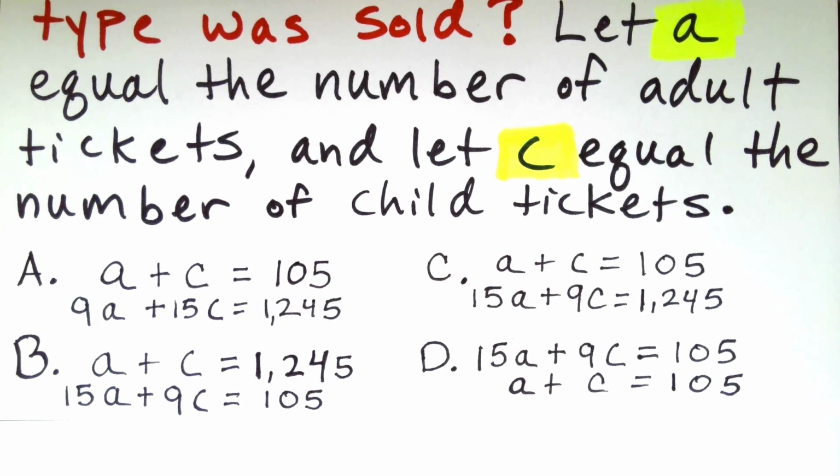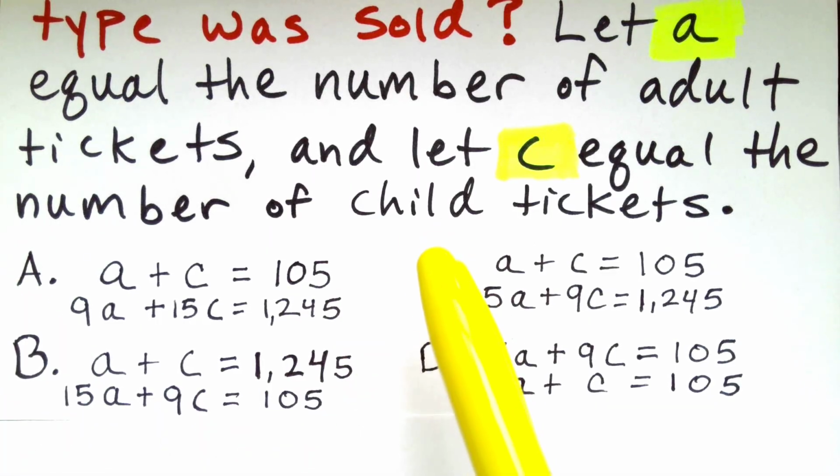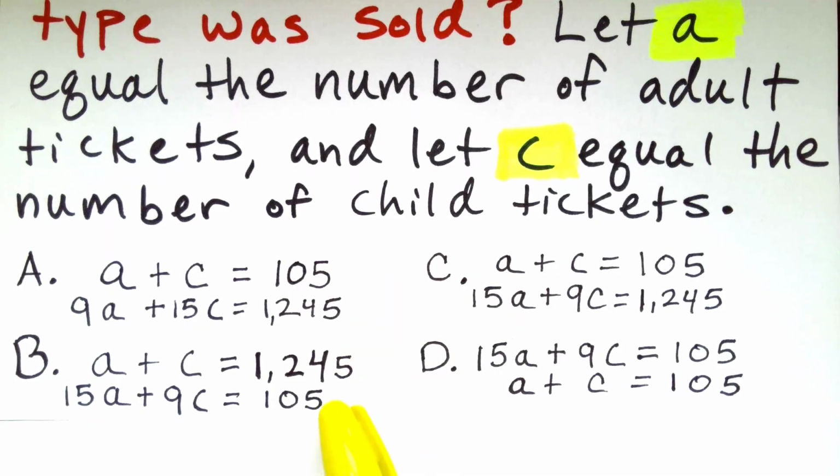Okay, so as you can see here below, we have options A, B, C, and D. And each of these is a system of equations, right? Go ahead and check out my videos, my playlist on the Red app. I go over system of equations in depth.